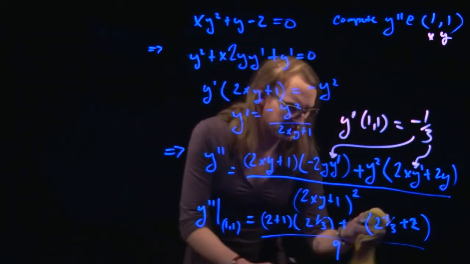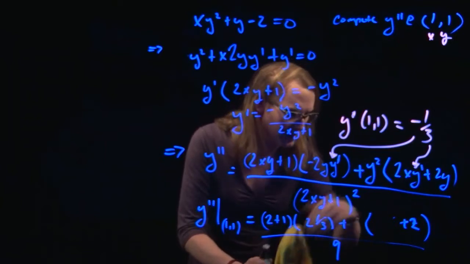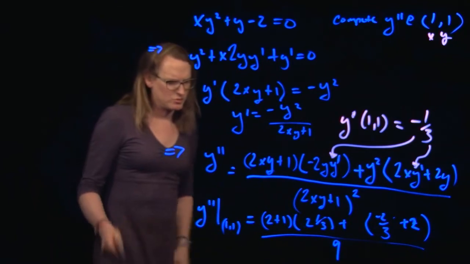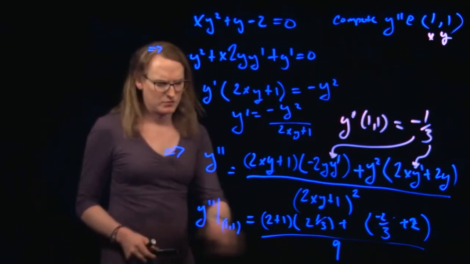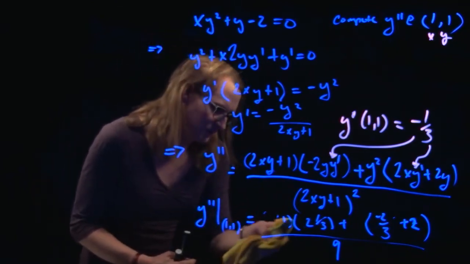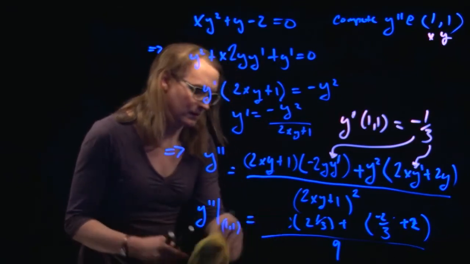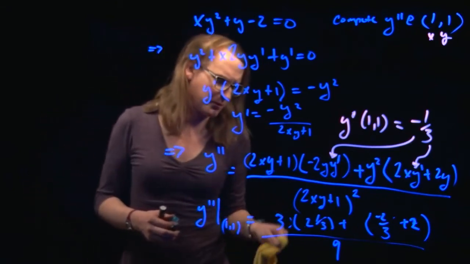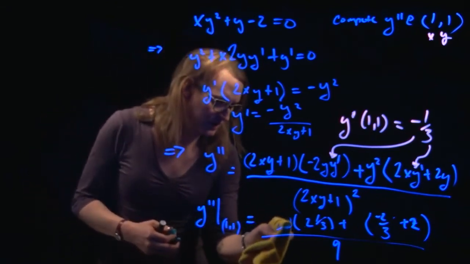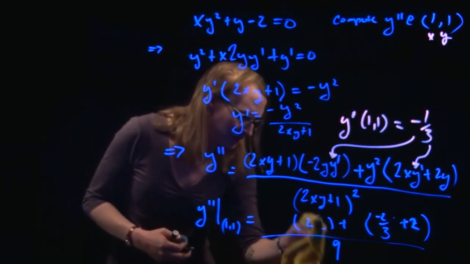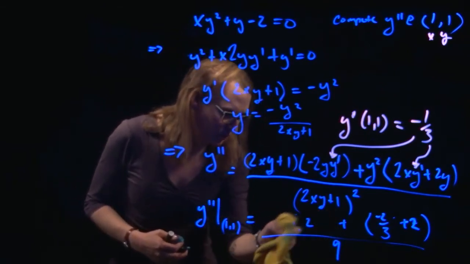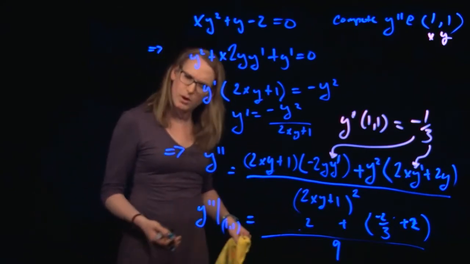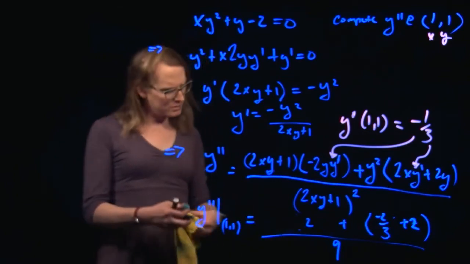So this is minus 2/3 right here. 2 plus 1 is 3. Oh, 3 cancels with a third back there in that multiplication. So that's nice. I don't need those parens anymore. Negative 2/3 plus 2 is 4/3.